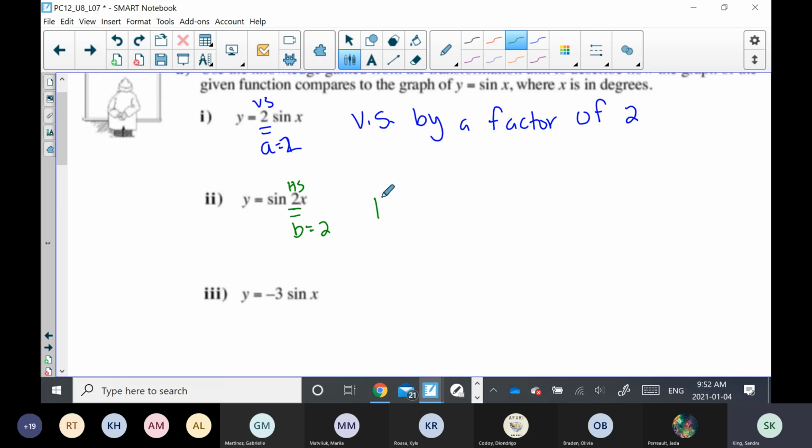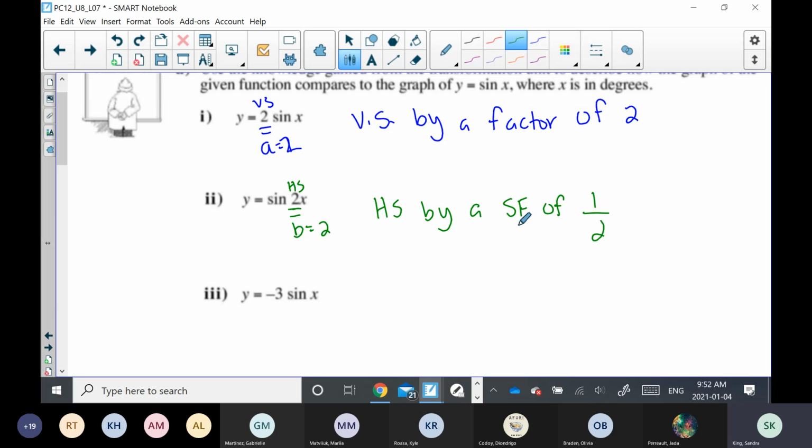So we would say, okay, horizontal stretch by a stretch factor of, let's see if you remember the stretch factor. Neil, what would the stretch factor be if my b value is 2 and it's horizontal? 1/2. Yes. Horizontal stretch by a factor of 1/2.